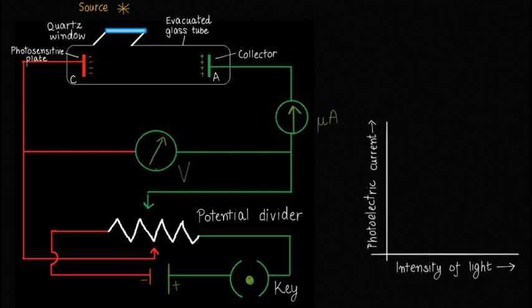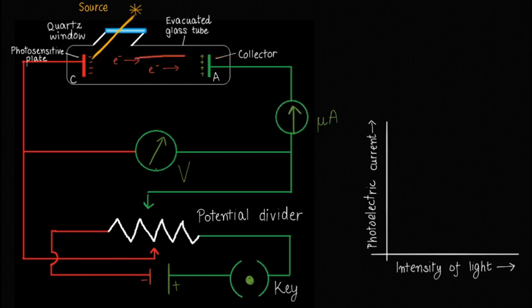Now let us consider you apply some source. You allow the light to pass through this quartz window and fall on this cathode. So as soon as the light from the source falls on the cathode, what happens? The electrons are emitted from this photosensitive plate, and these emitted photoelectrons move towards your collector.